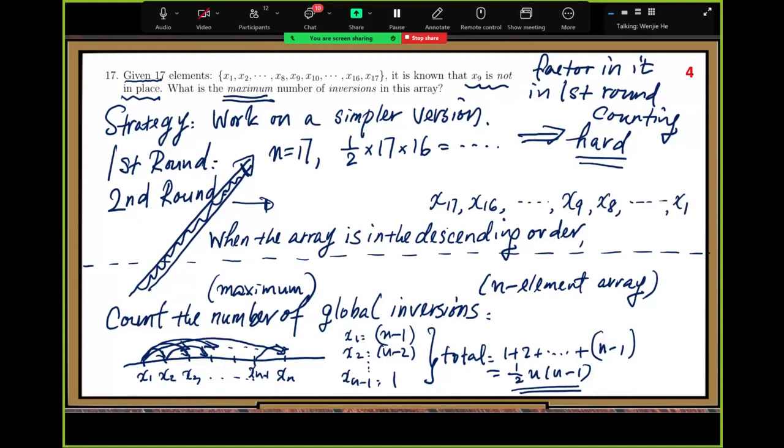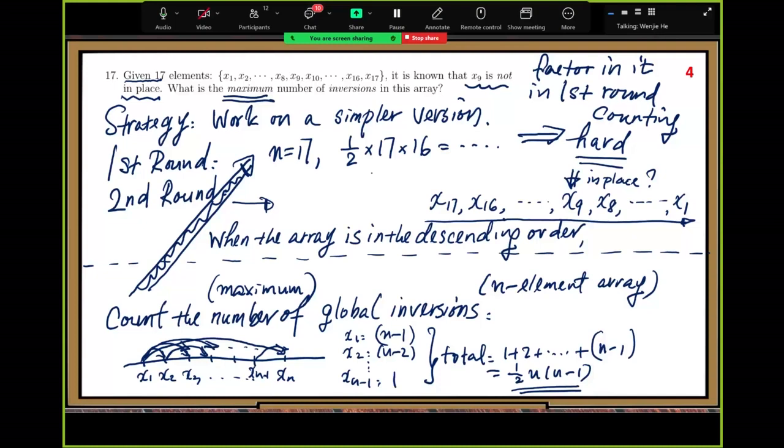Let's assume the values match their subscripts for convenience. So in the descending order, is x9 in place? Yes, right? It's in place.